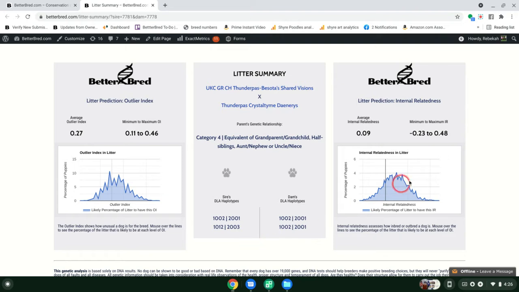So all of you have received your breed report, and your individual report on your dog reports the IR. That is this here. The IR on your dog tells you whether or not your dog is inbred in reference to your breed population. So if your dog has a very positive IR number, it is inbred. If it is a very negative IR number, it means that dog is outbred.